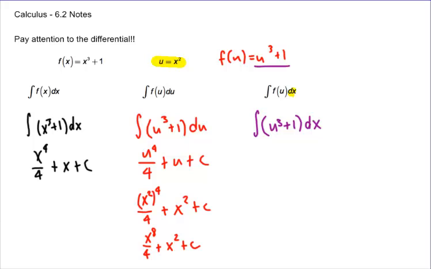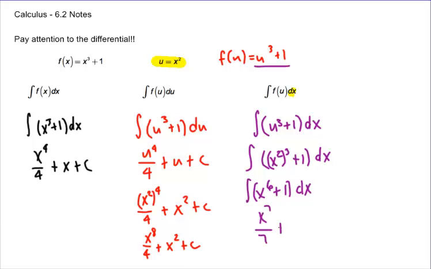So what does u equal? Well, u equals x squared. So we're really working with the integral of x squared cubed plus 1 dx, which is really the indefinite integral of x to the 6th plus 1 dx. And so when we integrate that, we add 1 to the exponent, divide by the new exponent, and add our constant of integration. So again, just pay attention to what's going on and make sure that all the variables match inside your integral.